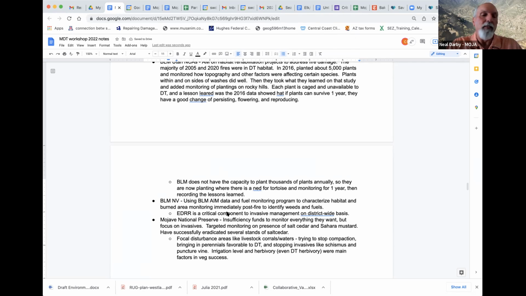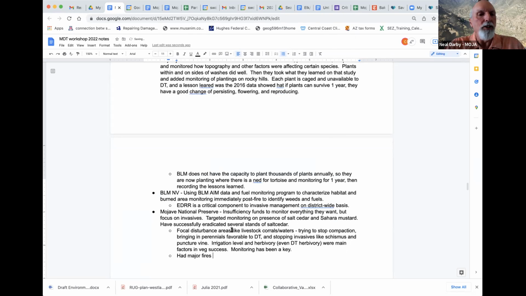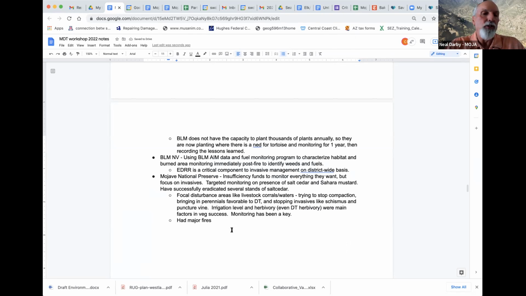Then, of course, we have the post-fire. Last year, we had some major fires in the preserve, Joshua Tree Forest, invasive species monitoring, Joshua Tree recovery monitoring. We've been undertaking some management actions to help bring back some of the Joshua trees, make sure the native species come back, keep the red brome under control.